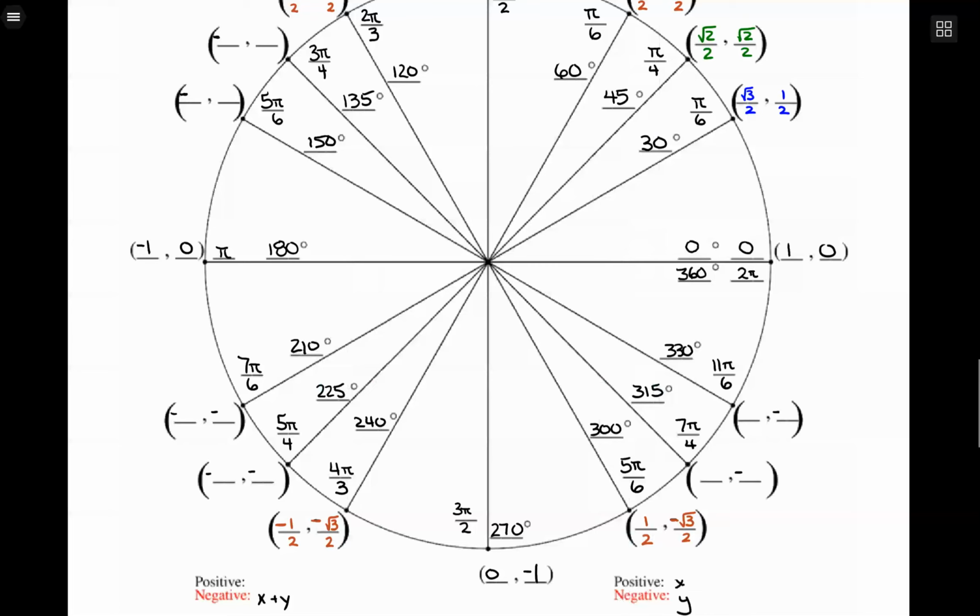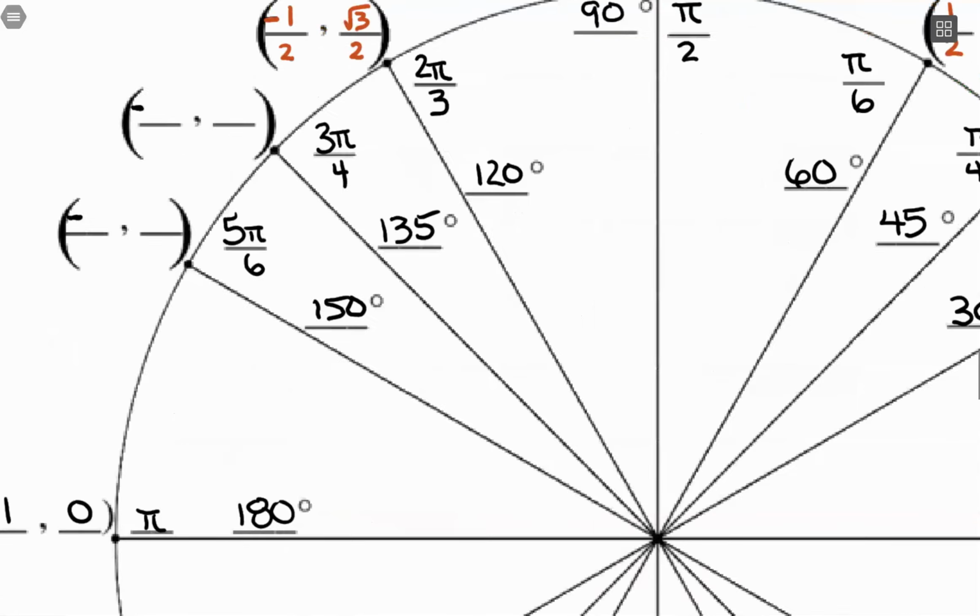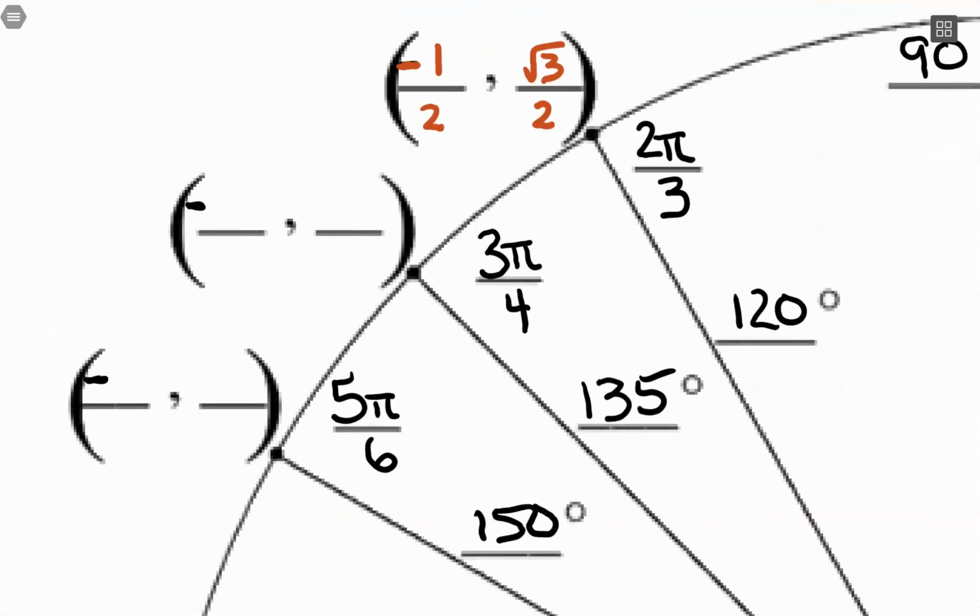Now the same idea happens with this √2/2, where we have these reflections. These values are always going to be √2/2, but what's just going to change is the sign positive versus negative. So here, we're going to have a negative √2/2, since x will be negative, but y will still be positive.